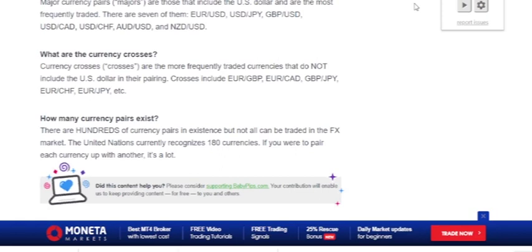And then the exotic ones include a major currency plus the emerging economy currency of that country. So that's where we find China, Brazil, all the BRICS, every group except the majors and the minors.